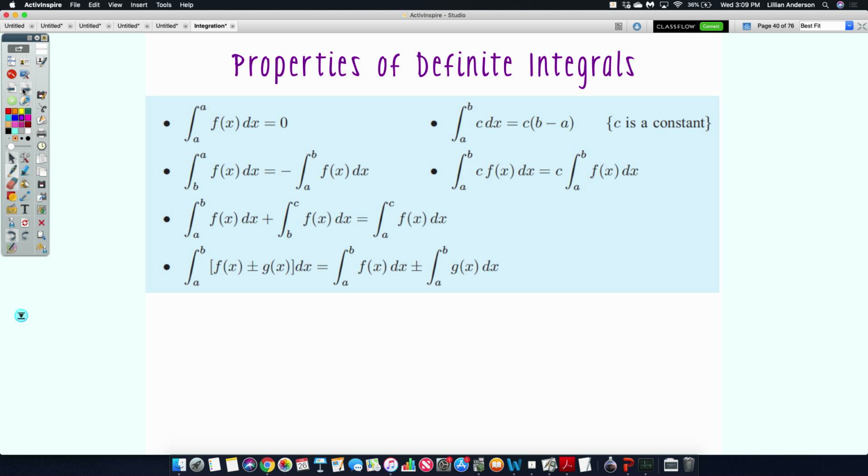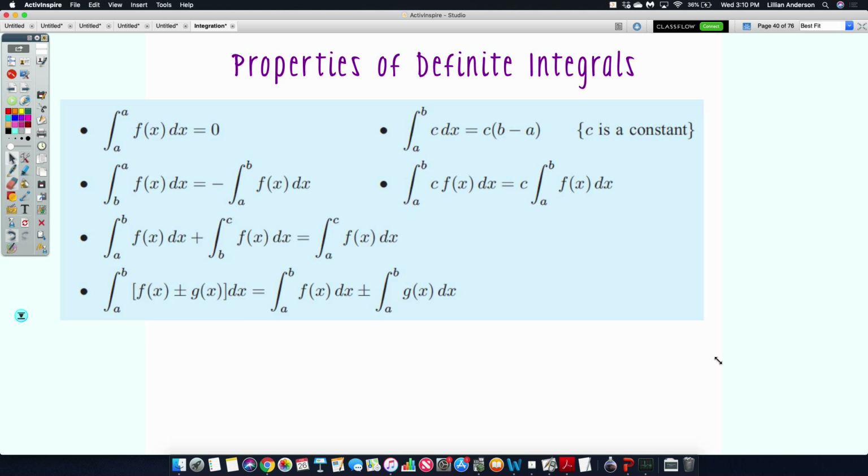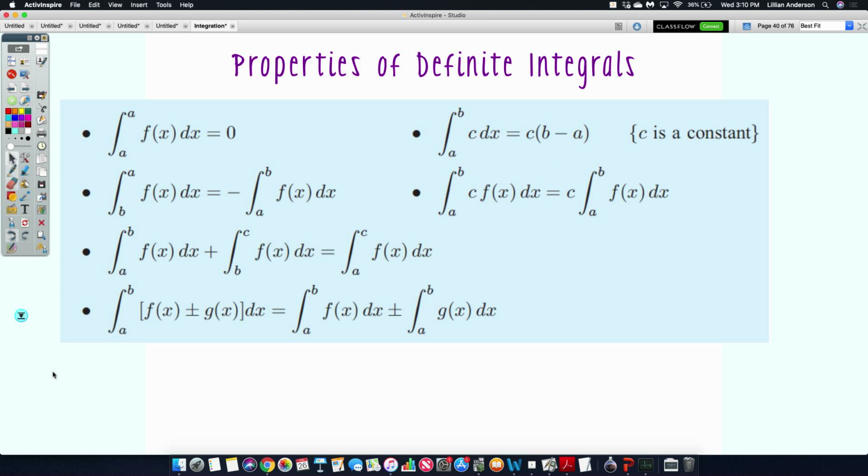Okay? These were also some of your properties of definite integrals in general. Anytime you have the bounds from A to A, the integral is always 0 because you're not covering any area underneath the curve. Whenever the bounds were reversed, for example, the integral from 0 to negative 2 of your function, remember, it always went from left to right.